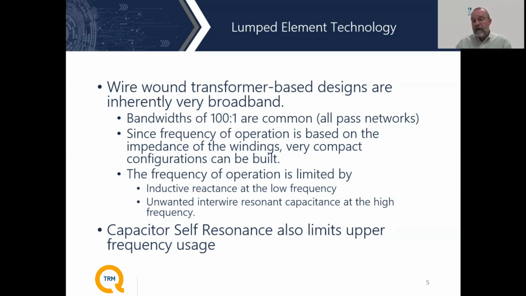But as long as that parameter is met, you can build very small transformers by going to higher permeability beads that work very low in frequency. So this can be a very compact technology and work over very broad bands. Really a nice solution as long as the frequency does not get too high. So what happens if the frequency exceeds the upper limit?